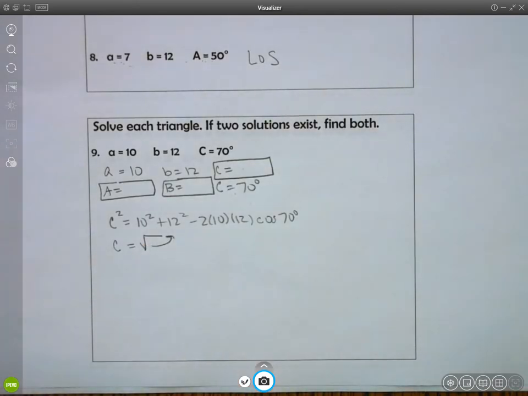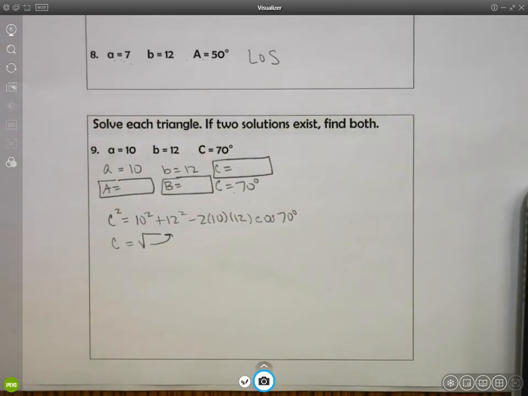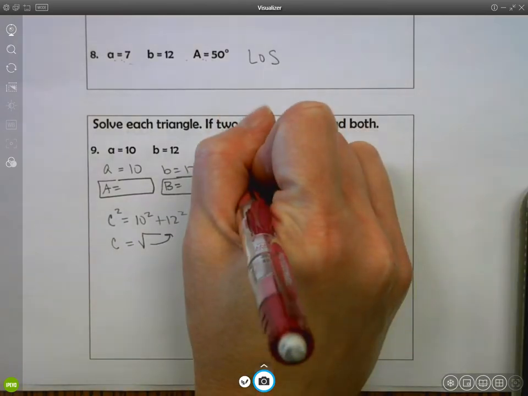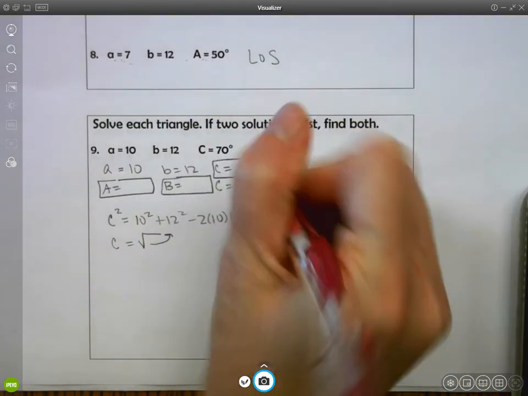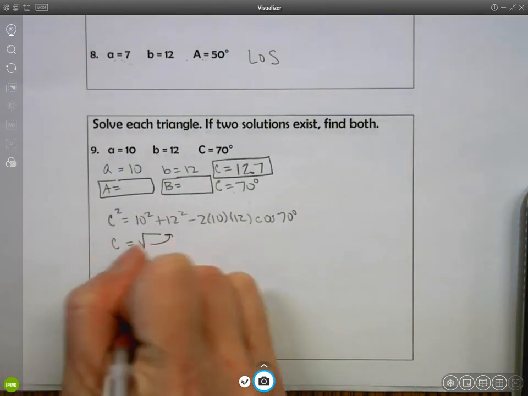So typing that in my calculator, the square root of 10 squared plus 12 squared minus 2 times 10 times 12 cosine 70, I get 12.7.